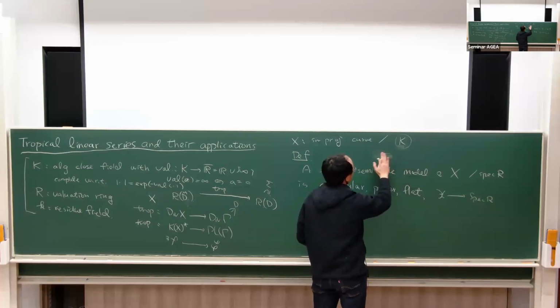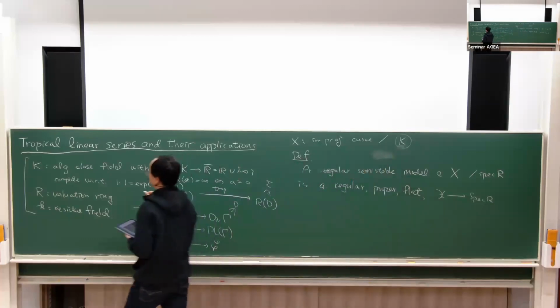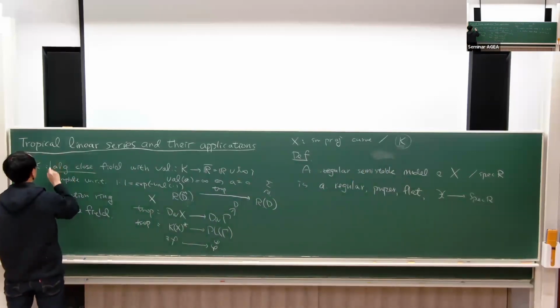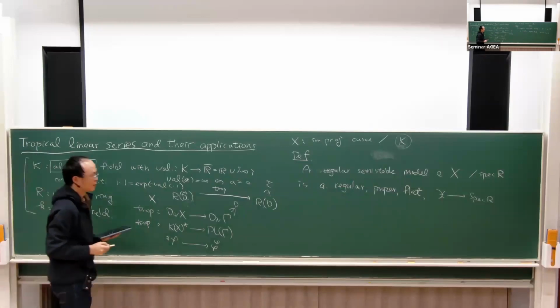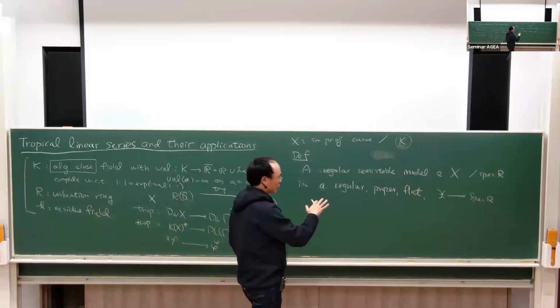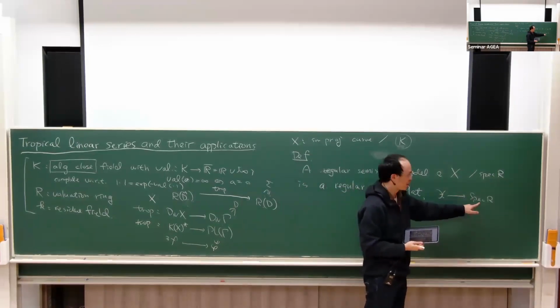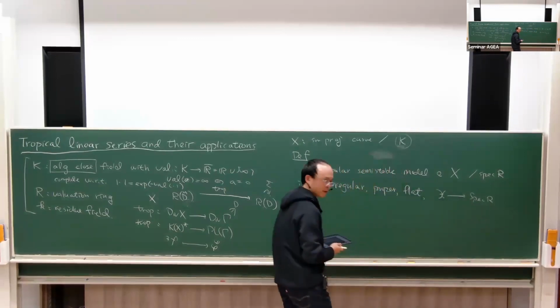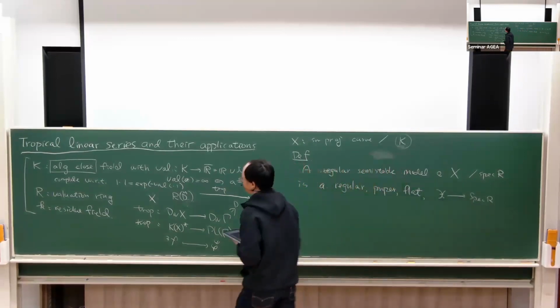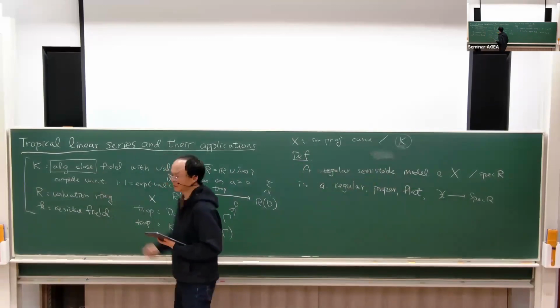Let me highlight: the curve X is the generic fiber of this family, but not the geometric generic fiber of this family. So that will be the difference if we put this assumption.